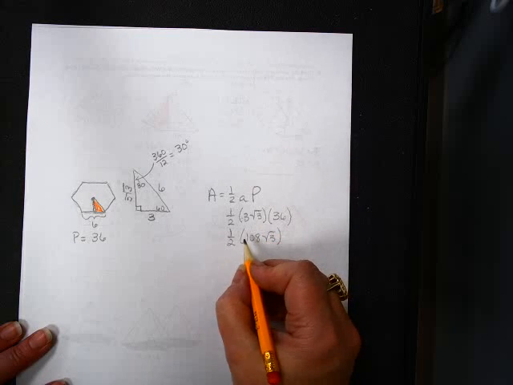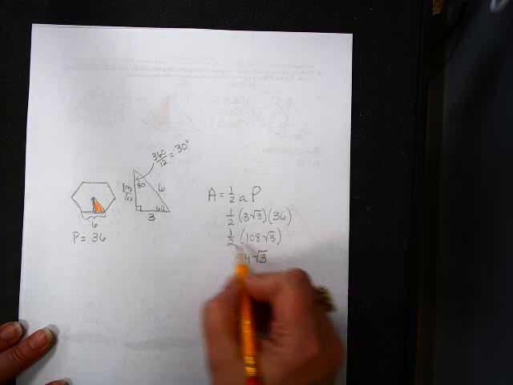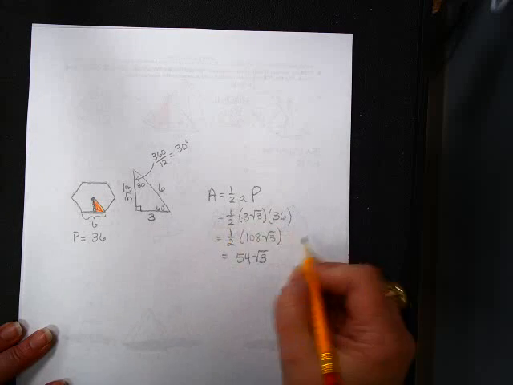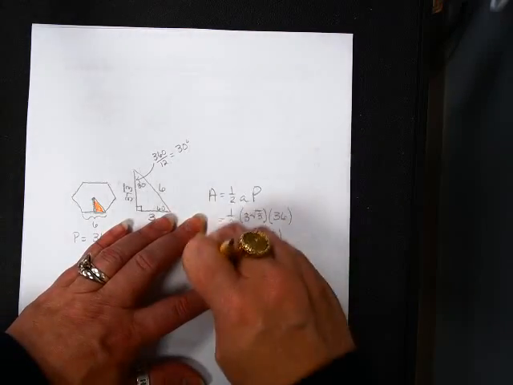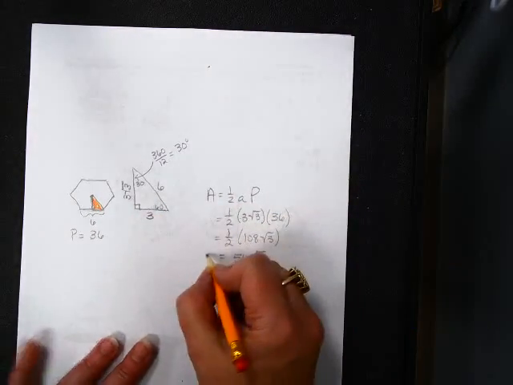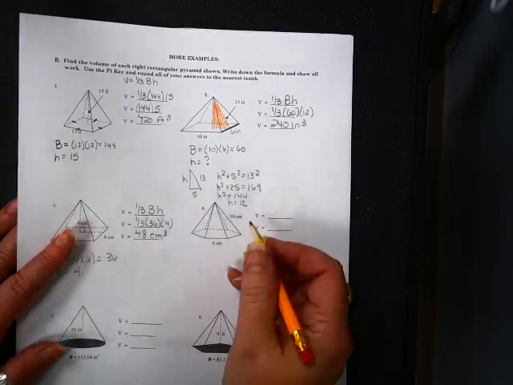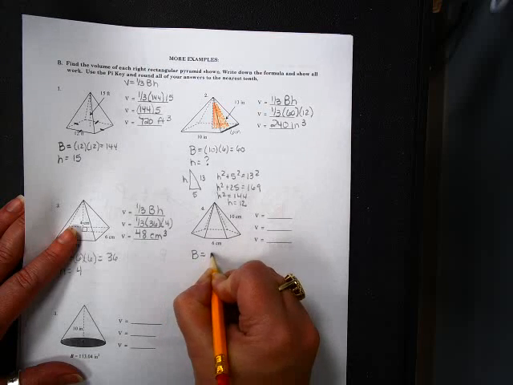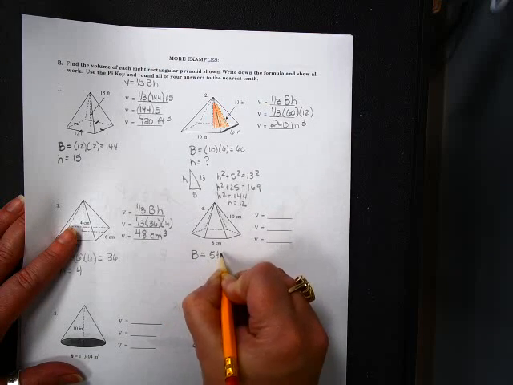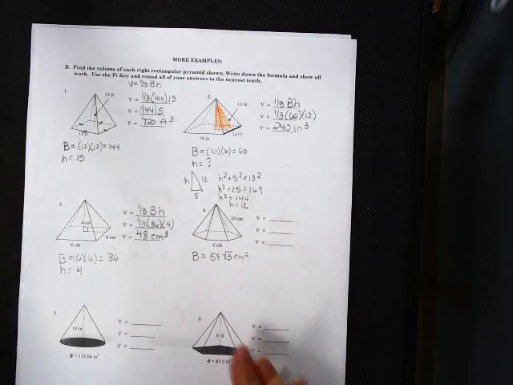Divided by 2, I get 54 rad 3. So this right here is the exact answer for my area of my base. So I'm going to call that capital B. Alright, so I flip it over here, and I have capital B is 54 rad 3 centimeters squared.